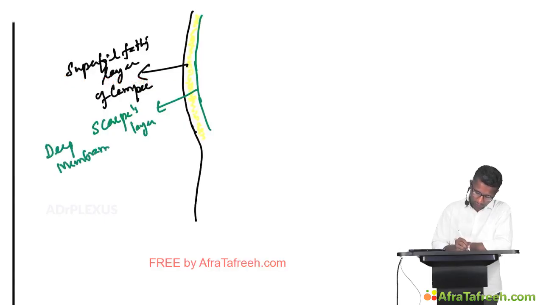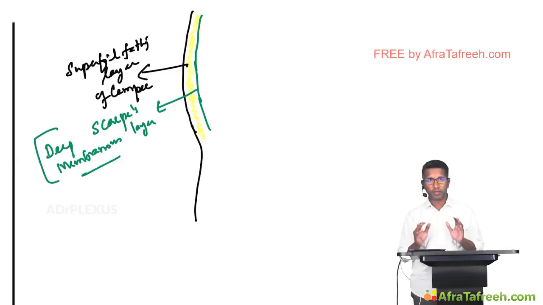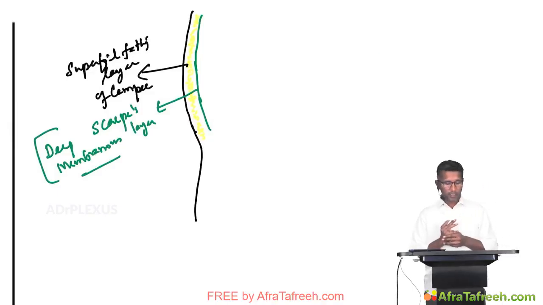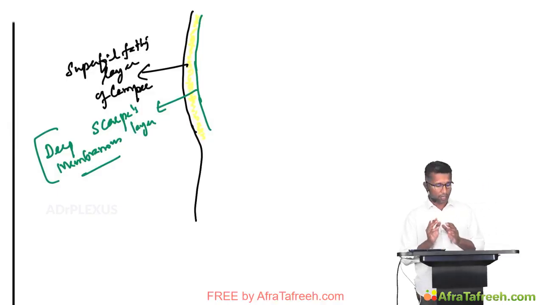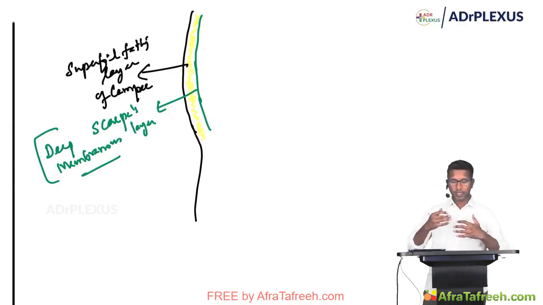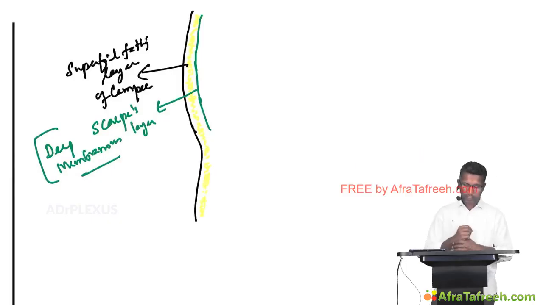Both are part of superficial fascia. In the abdomen there is nothing called deep fascia. The superficial fascia is of two types: a superficial fatty layer of Camper and the deep membranous layer of Scarpa. This is about the coverings in the abdomen. When you trace these coverings, the fatty layer continues as the superficial fascia of the thigh also.